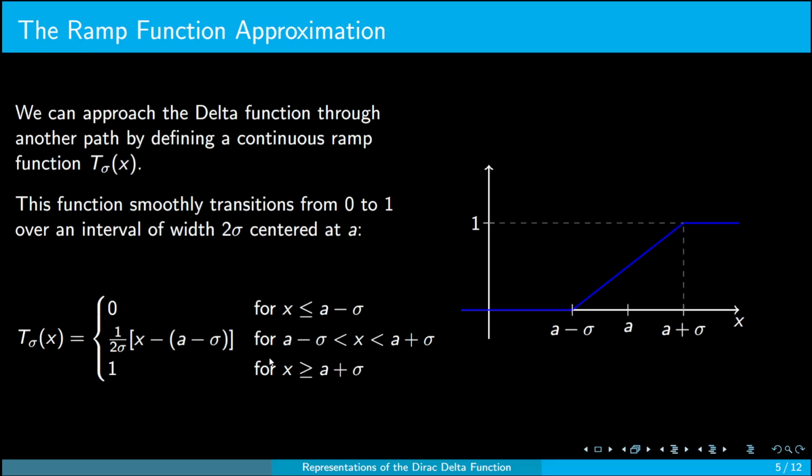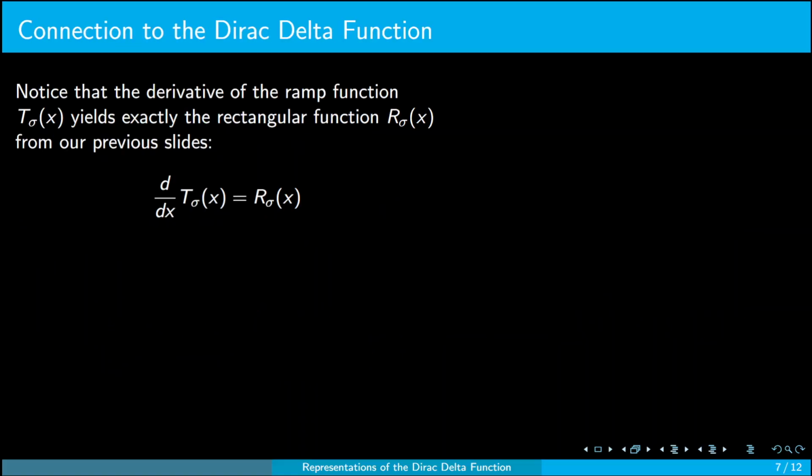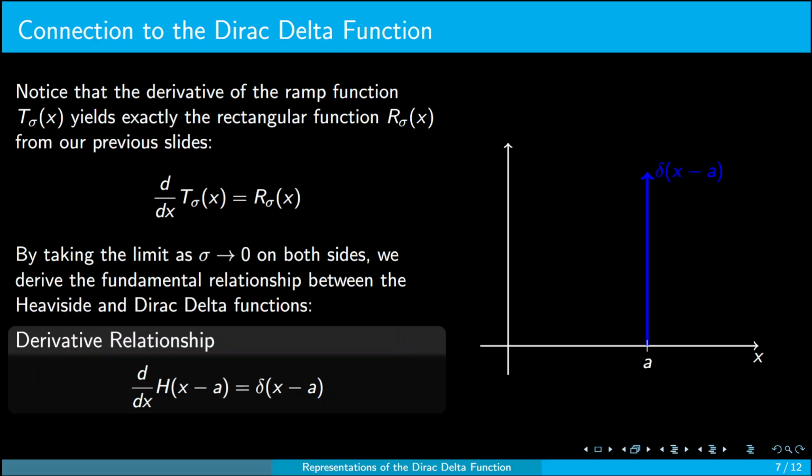If this sigma approaches 0, we will have a straight line from here to here. You are getting my point? So it will become a Heaviside step function. So let us move ahead. Here is the graphical representation of delta x minus a.